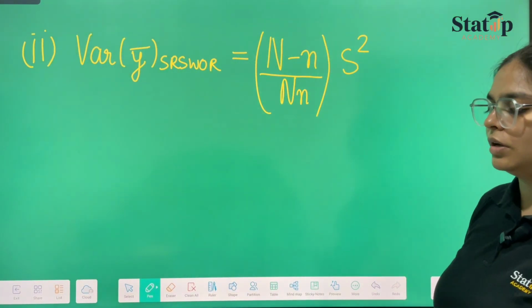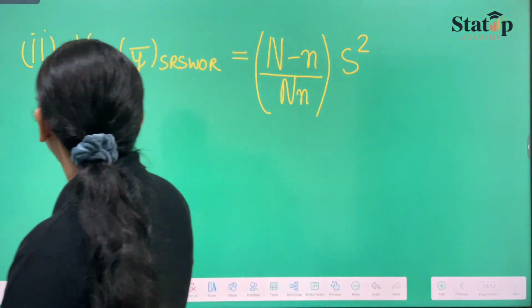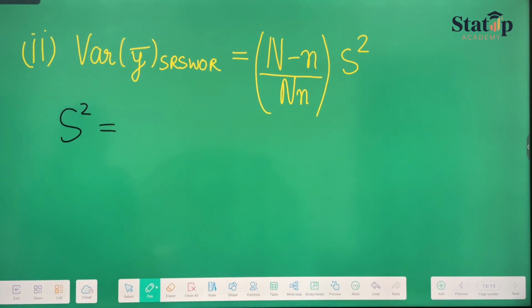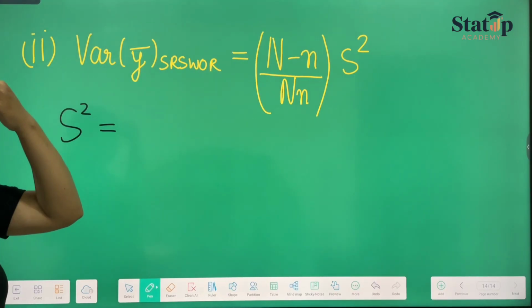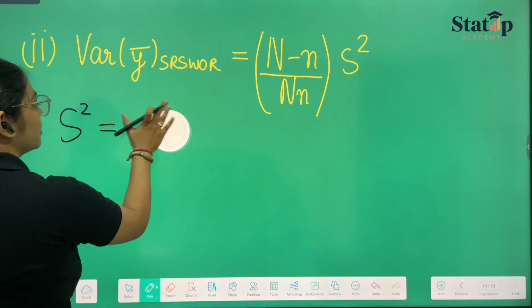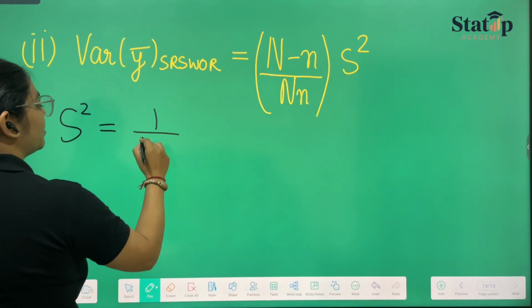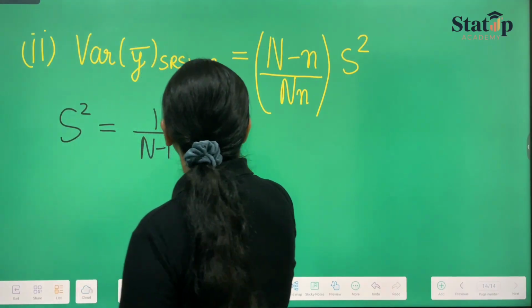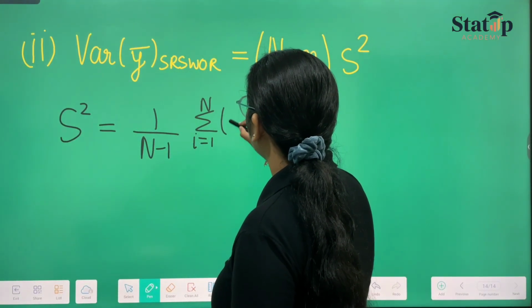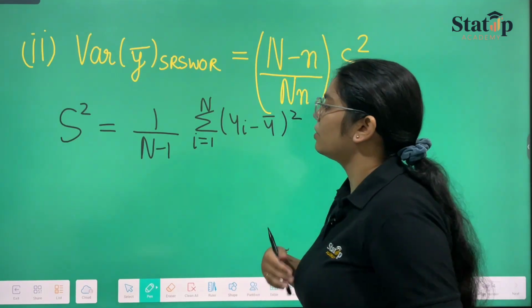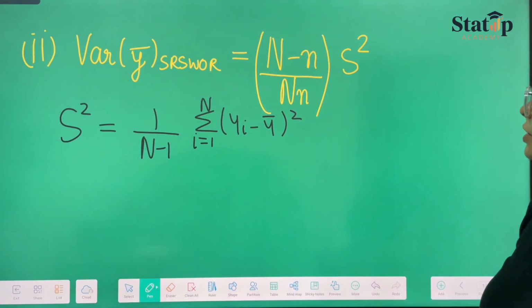Here, capital S square is equal to 1 upon capital N minus 1, summation i goes from 1 to capital N, yi minus y bar whole square. Now we have to calculate this particular thing.